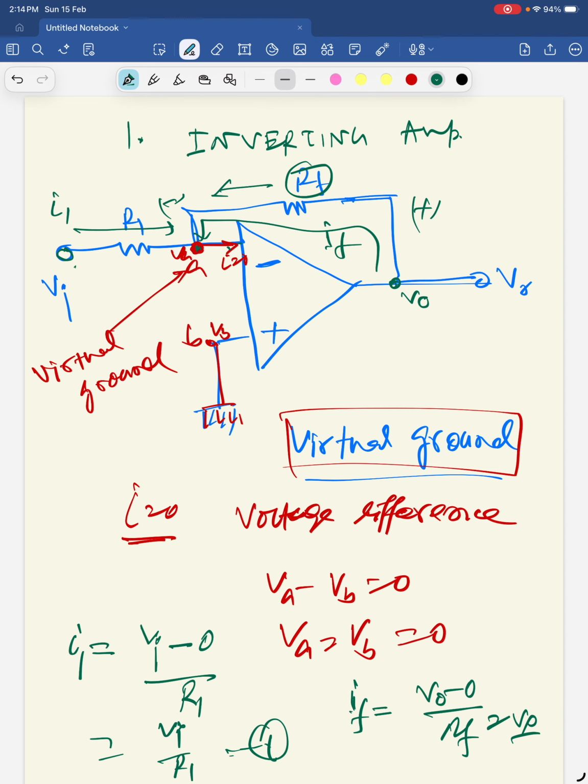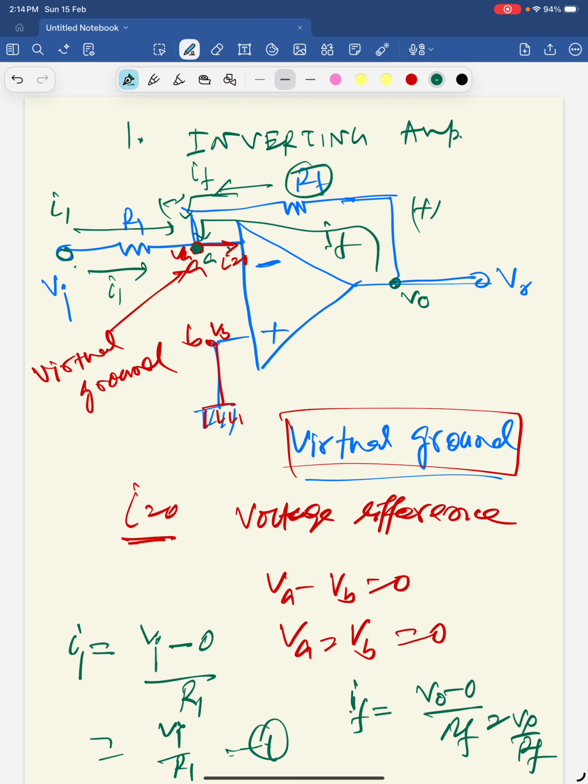So V0 by RF. These two components, I1 and IF, are very important. Now this is the node point, node A. The current in this direction is I1 and in this direction is IF. Both the currents are meeting at this point.